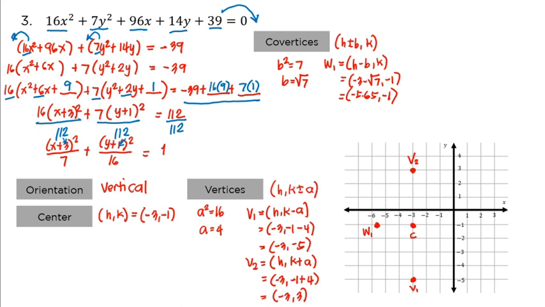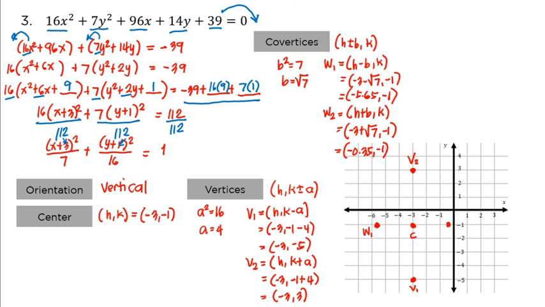For W2 naman, we have H plus b, k, right? So you have negative 3 plus square root of 7, negative 1. So this will be negative 3 plus square root of 7 is approximately equal to negative 0.35, negative 1. So our second covertex W2 is negative 0.35, negative 1. That is somewhere here.